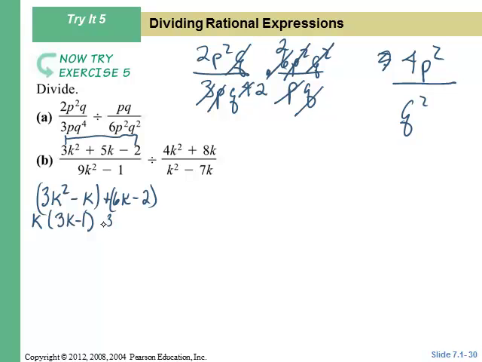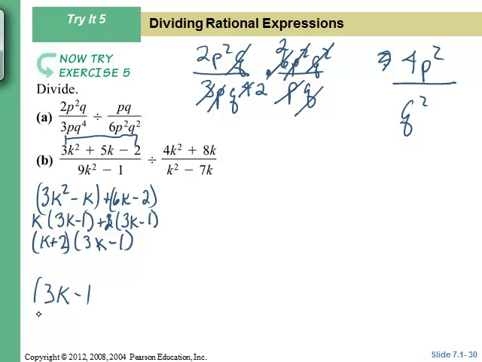Factor 2 out of the second one, and we're left with 3k minus 1. So our factored form is k plus 2, 3k minus 1. Denominator factors into 3k minus 1, 3k plus 1.